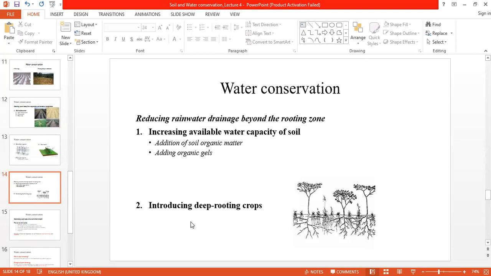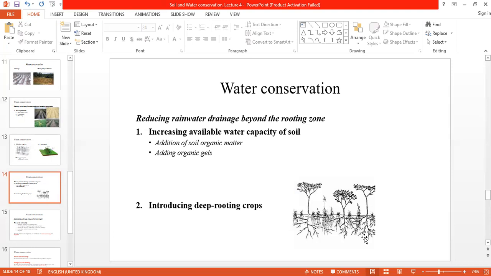Then the other way is using deep rooted crops. So if you have, for example, in this picture, shallow rooted crops and also deep rooted crops, then if you lose some water deep into the profile beyond the shallow roots, it can be taken up by the deep rooted crops and brought back to the upper horizons.